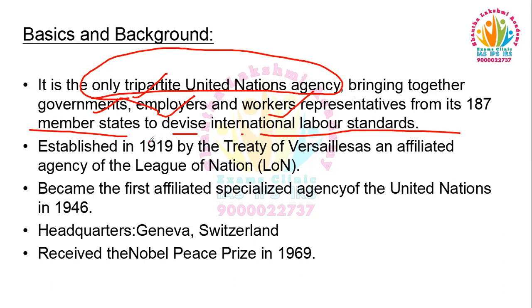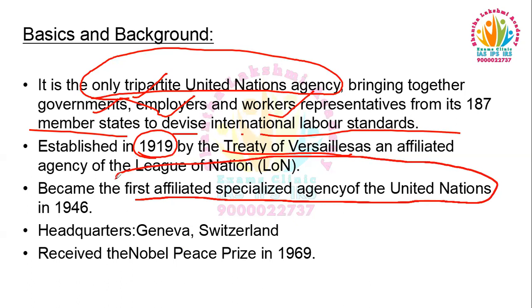It was established in 1919 after the end of the World War by the Treaty of Versailles. It became the first affiliated specialized agency of the United Nations in 1946. Its headquarters are located in Geneva, Switzerland, and it received the Nobel Peace Prize in 1969 for its service.